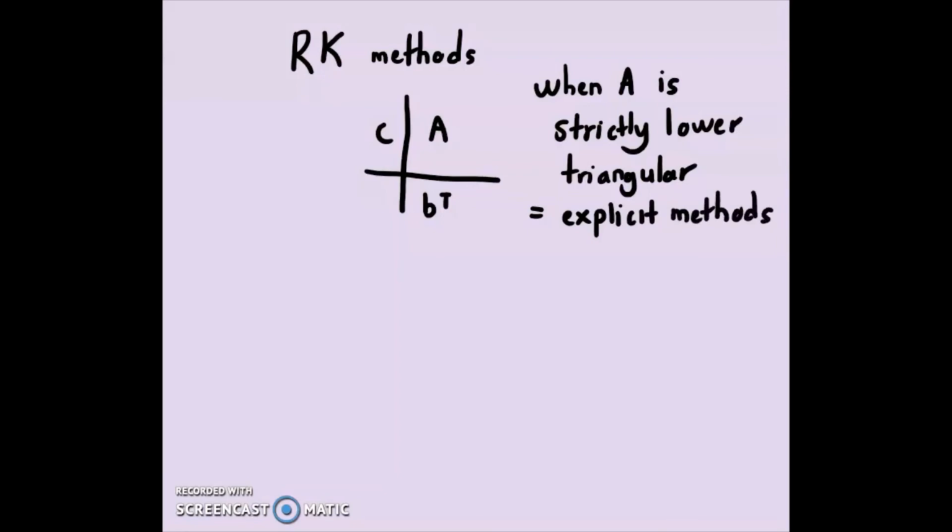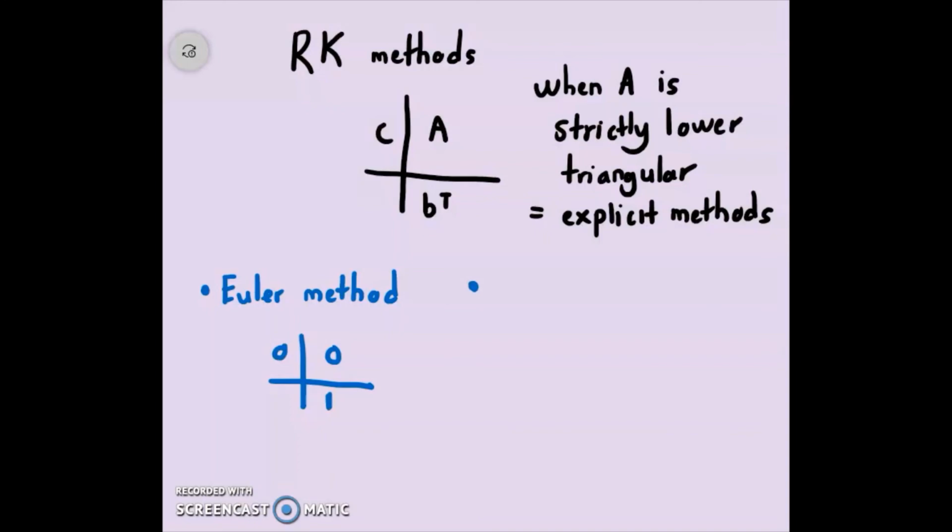When A is not lower triangular, you have an implicit method. Okay, so we have looked into a few explicit RK methods. Some of them were the Euler method, or the one Euler method given as 0, 0, 1.